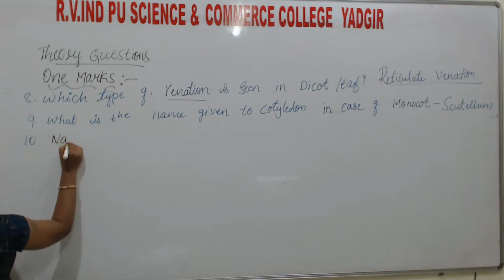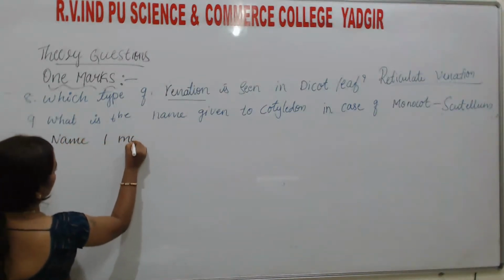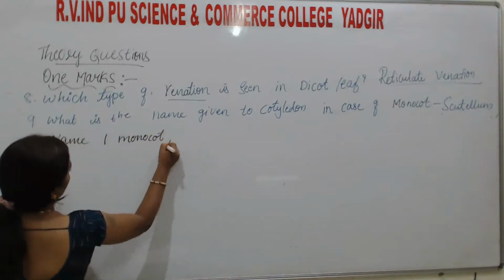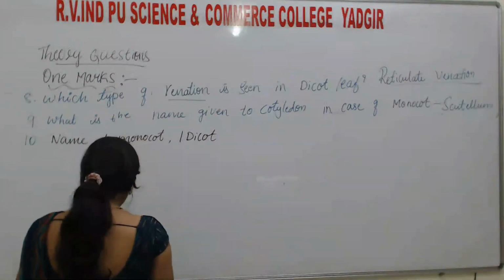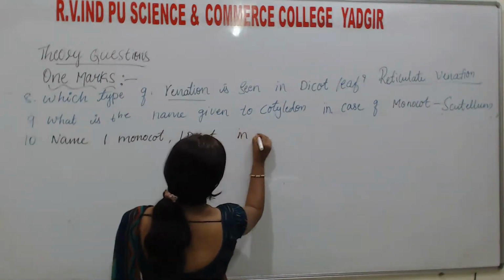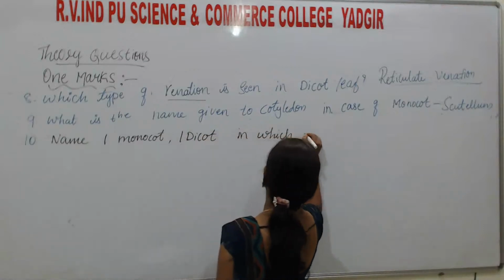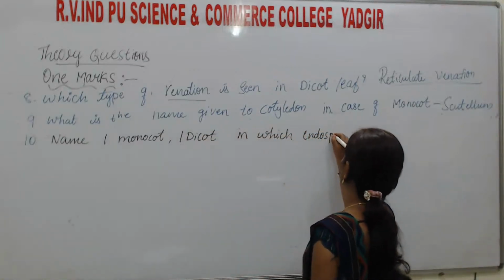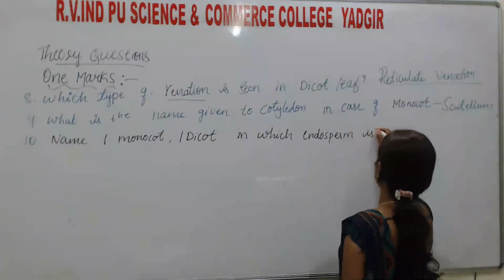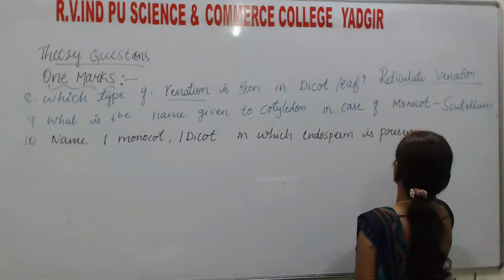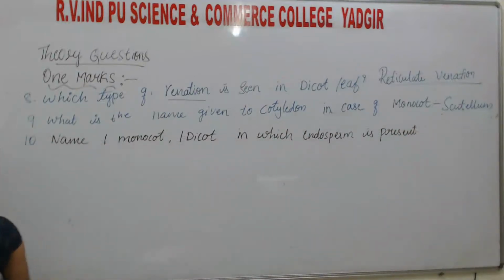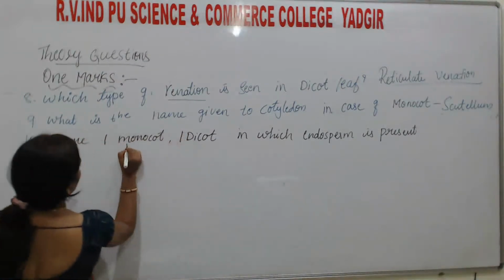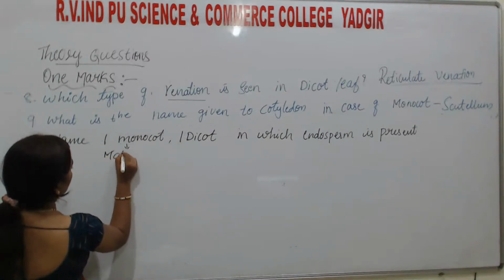For example, in monocot, the answer maize we can take.